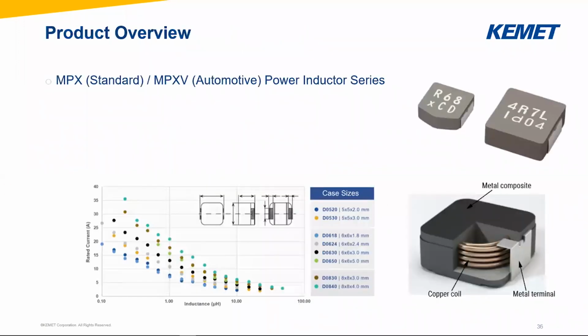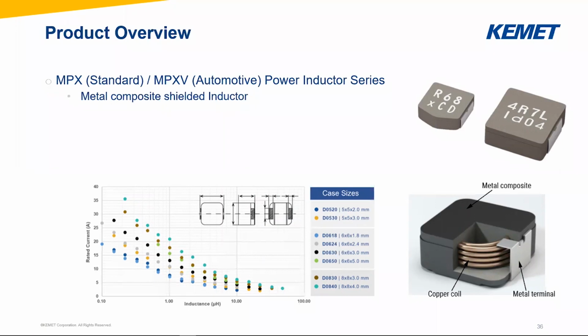And this is now our latest series, which we have also seen in our presentation last Monday, our MPX standard series, or MPXV for vehicle, which is our automotive power inductor series. And this is how it looks like. You might have seen this picture before. You can see here now the winding inside, and then on this side, we have the metal termination.